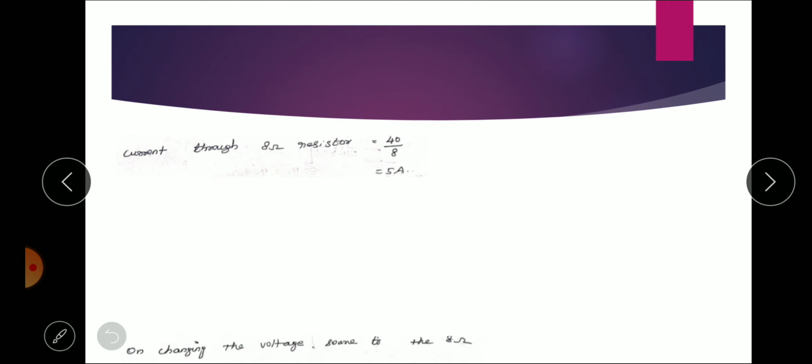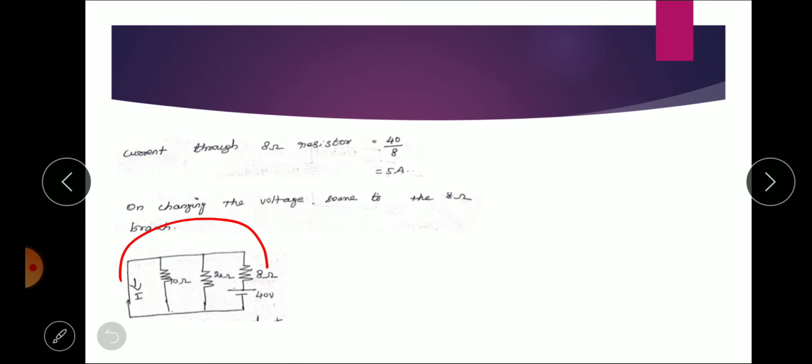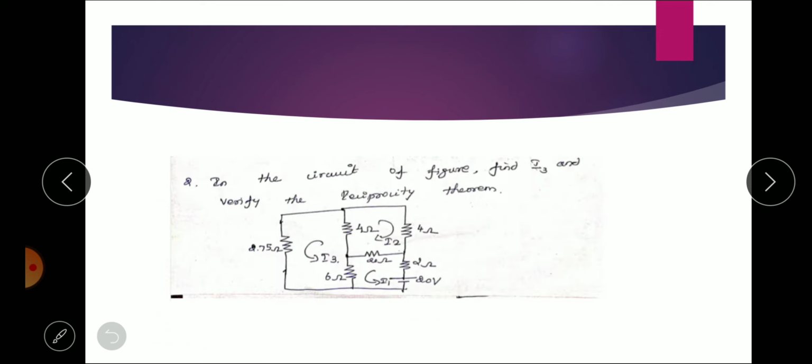We get 5 amps. Changing the voltage source to the 8 ohm branch, we transfer the voltage source here. So we know the formula I is equal to V by R, substituting we get 5 amps. Here the reciprocity theorem is verified.